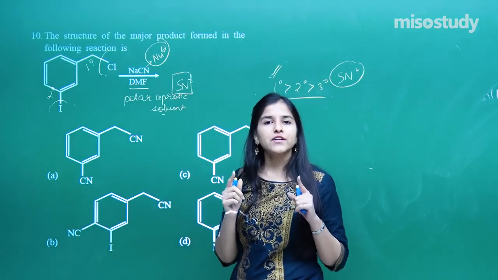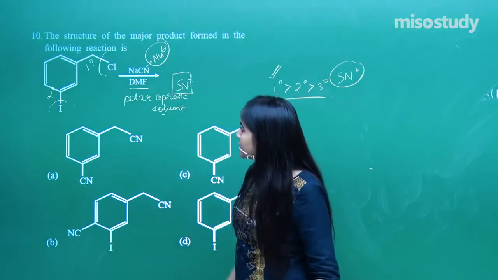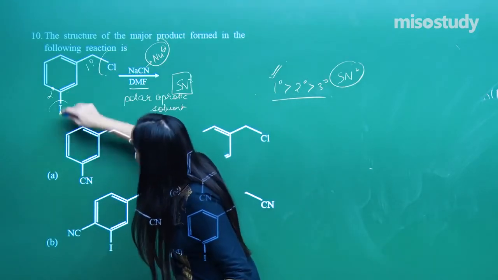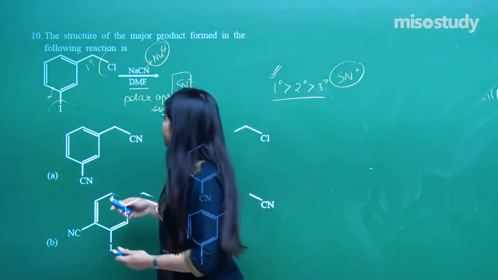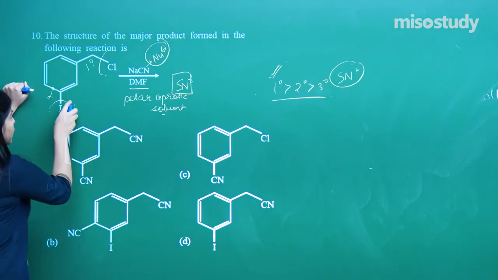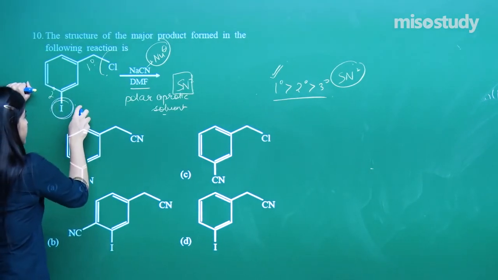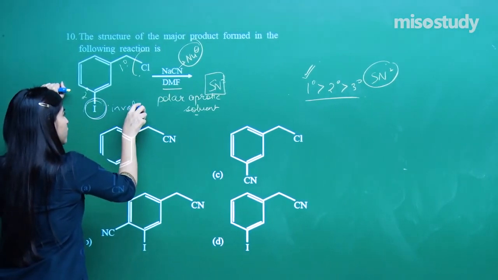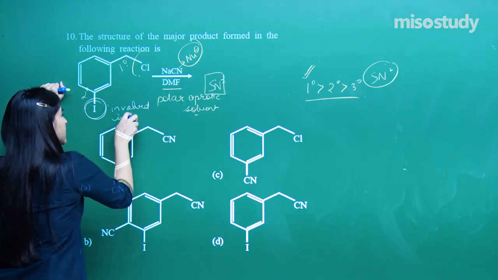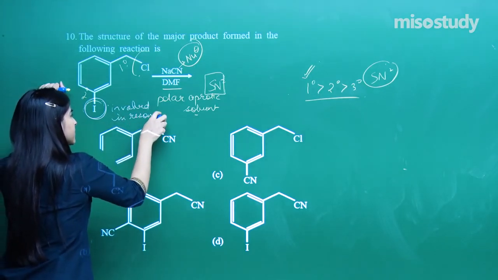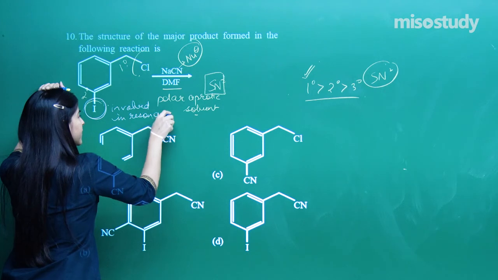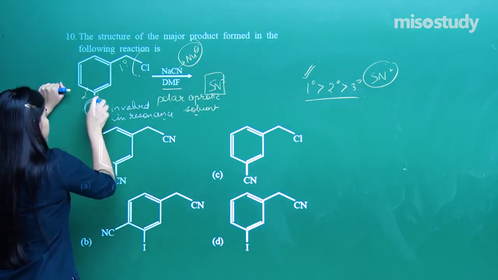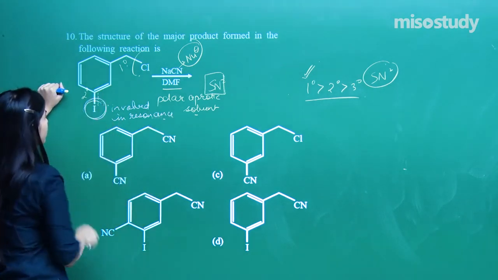Also, what I would like to tell over here is, this bond has partial double bond character as well, because this iodine is involved in resonance. That is also another factor, making a partial double bond character develop over here.